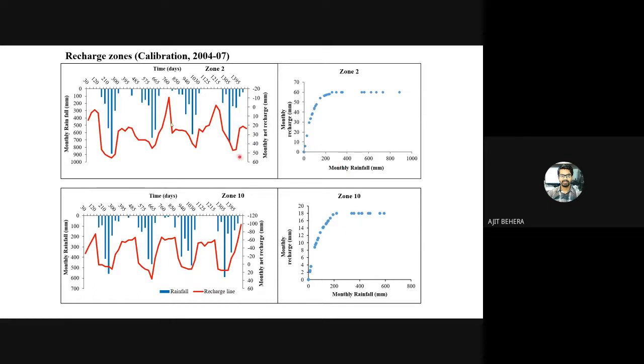Here you can see the monthly rainfall, and in zone 2, which is away from the coastline, we have rainfall. This line is the net recharge. That means due to rainfall, some recharge takes place that goes below the earth surface and recharges the groundwater.